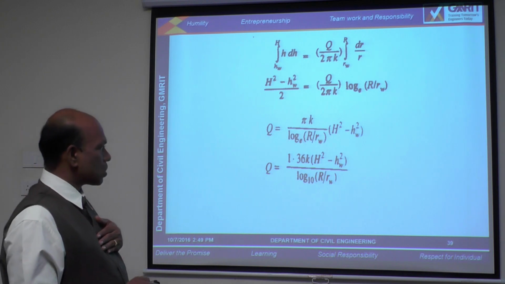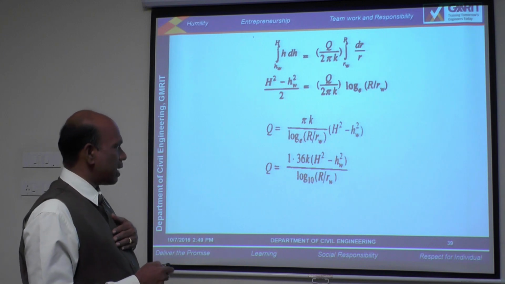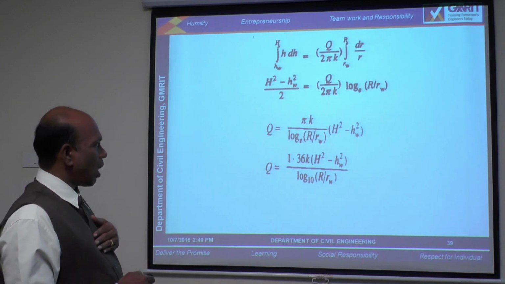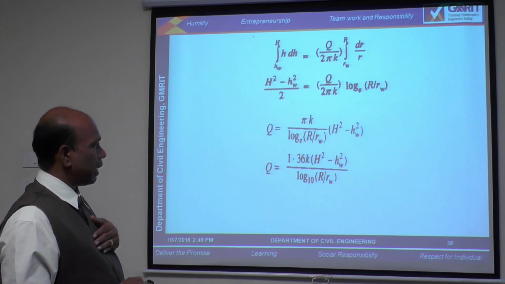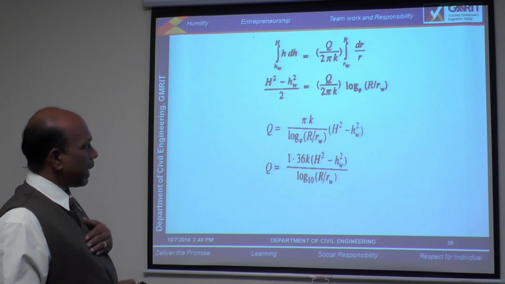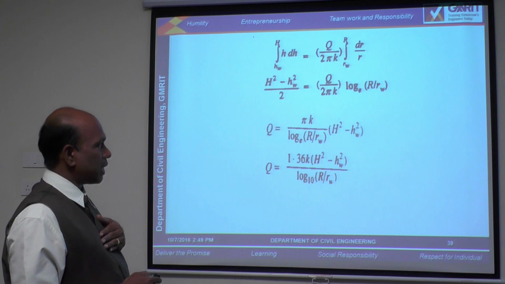This is also like the earlier formula. Earlier we had pi k (h2 square minus h1 square) divided by log e (r2 by r1). But here pi k is constant as in the earlier one.